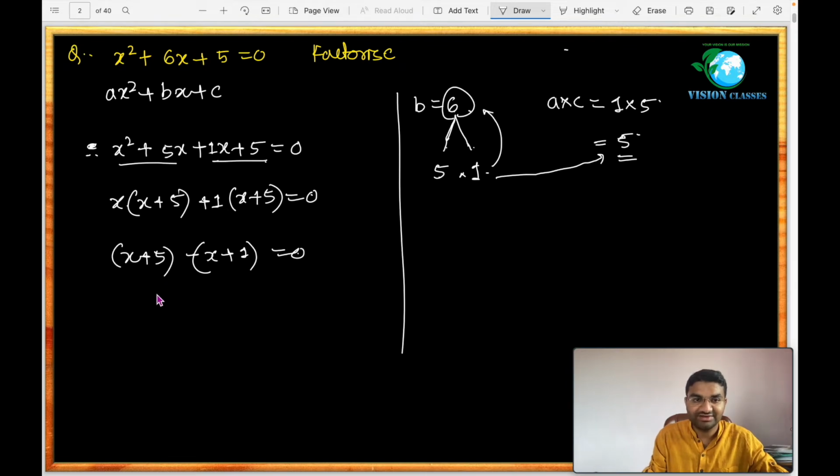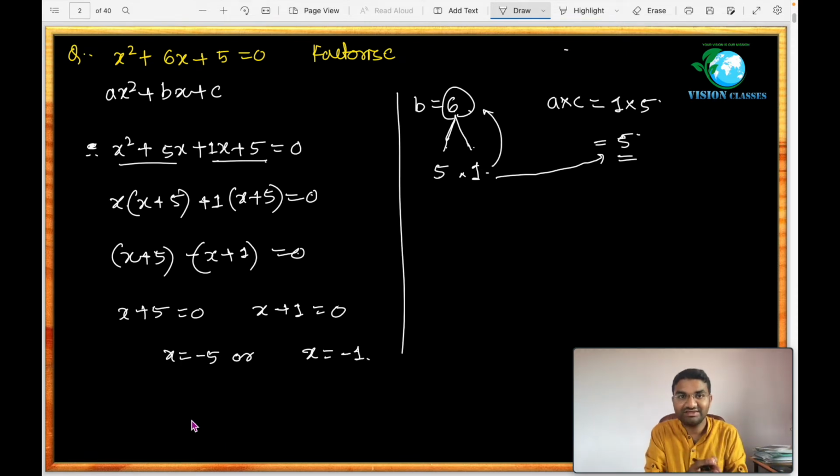So these are the two factors: x plus 5 is equal to 0, x plus 1 is equal to 0. So x is equal to negative 5 or x is equal to negative 1. These are the solutions for x square plus 6x plus 5, getting it?